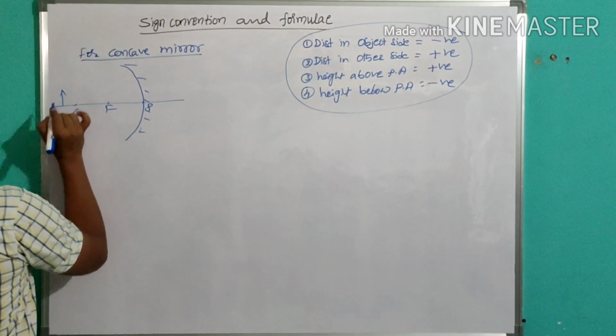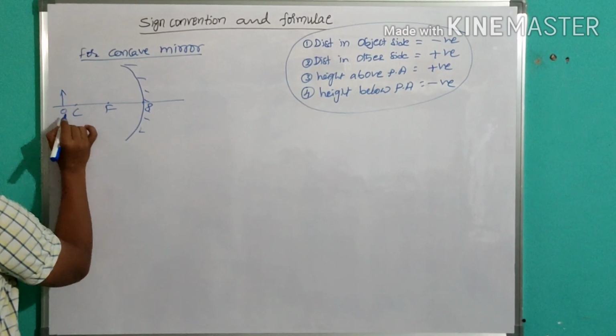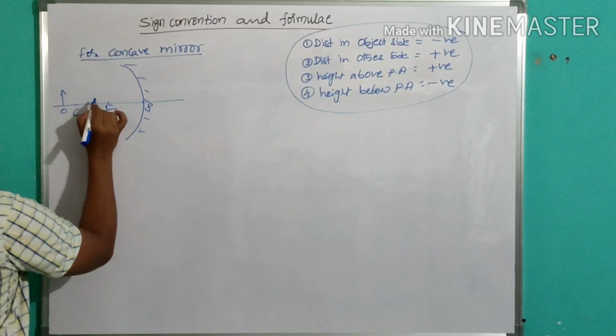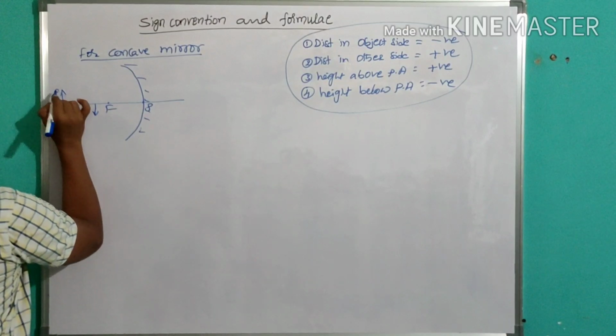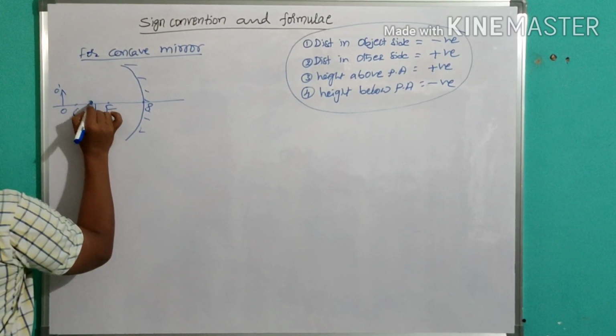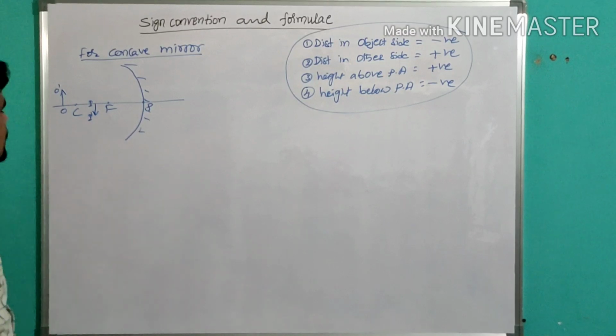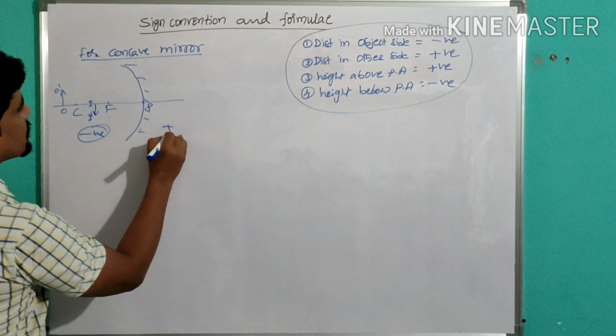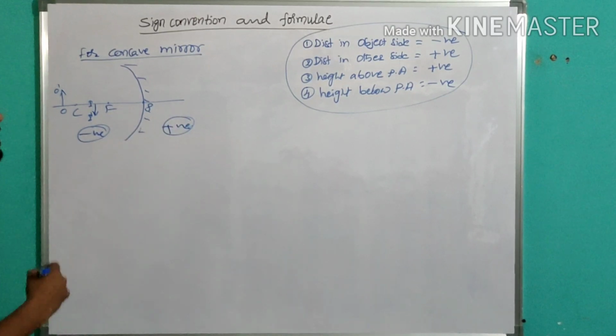The object is beyond C. When the object is beyond C, the image is formed between F and C. This is object O dash, image I dash. Here object side is negative, other side is positive. What are negative and what are positive, we have to see now.